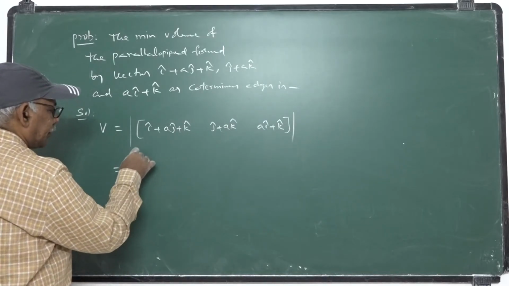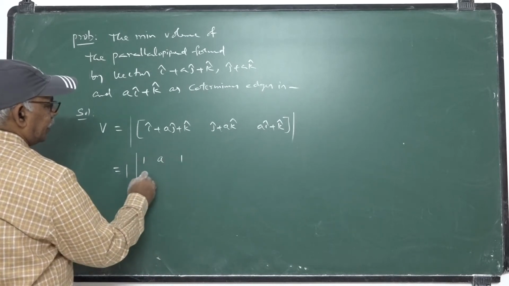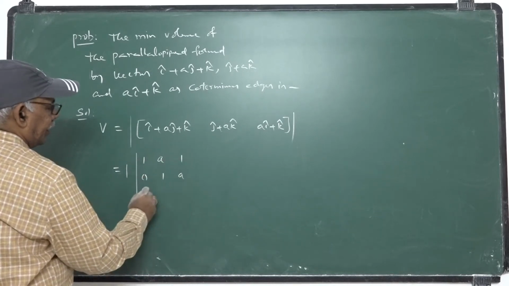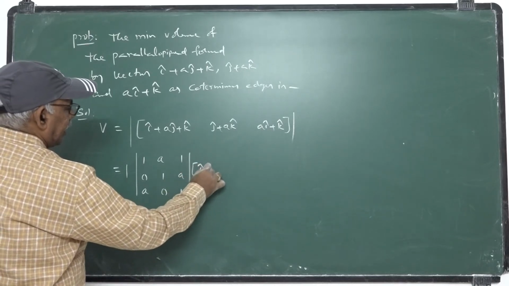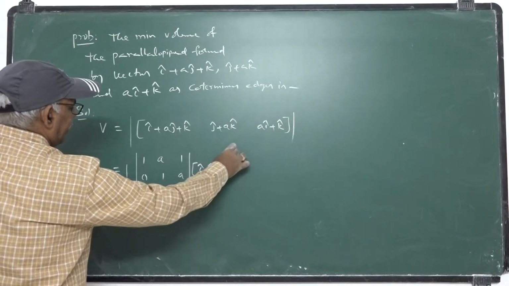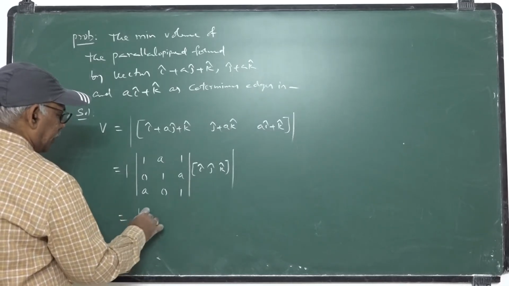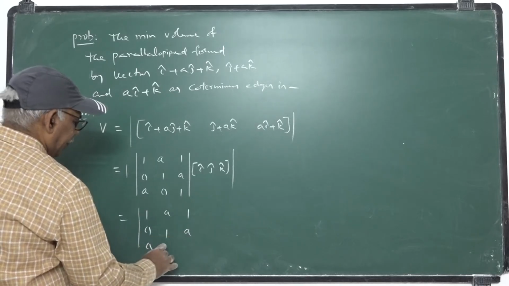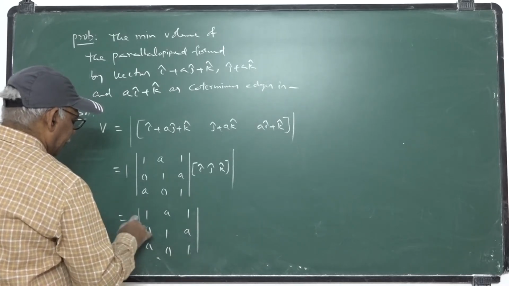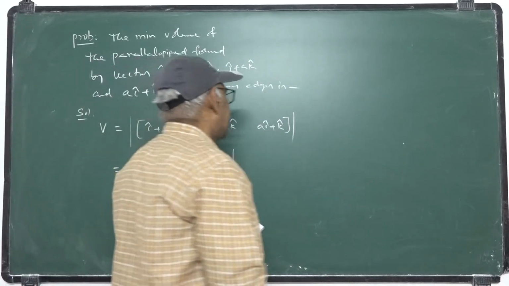That is given by the modulus of the determinant 1 A 1, 0 1 A, A 0 1 multiplied by the box product i j k. But box product i j k is clearly 1. Hence, this is the determinant, taking the modulus.